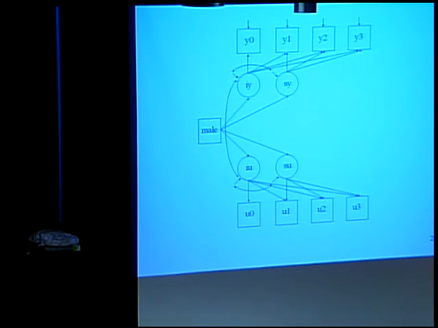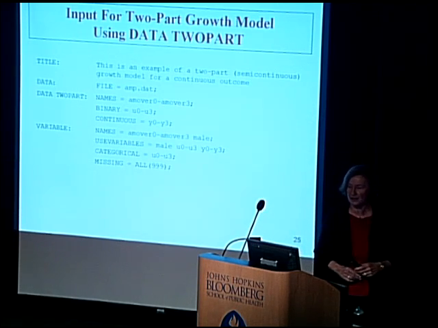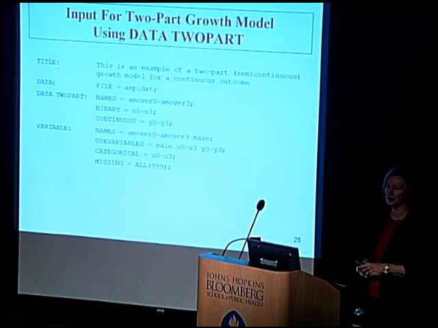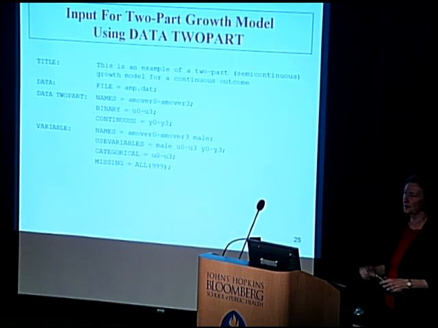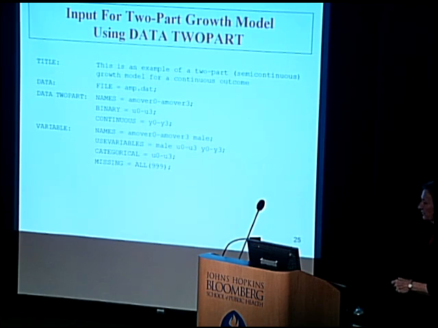And for example, the continuous part might be quadratic and the binary part could be linear. So there's a lot of flexibility. And you might want, as a first step, to actually look at the continuous and binary parts separately in order to find the best fitting growth model for each part.